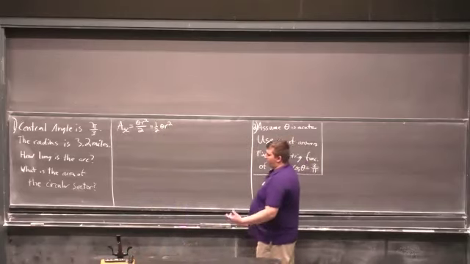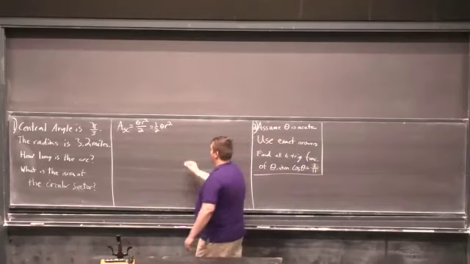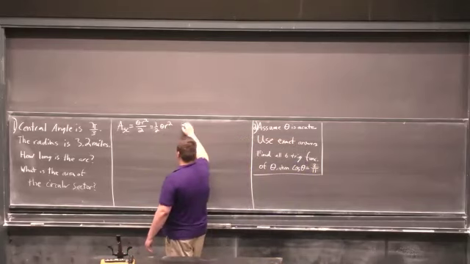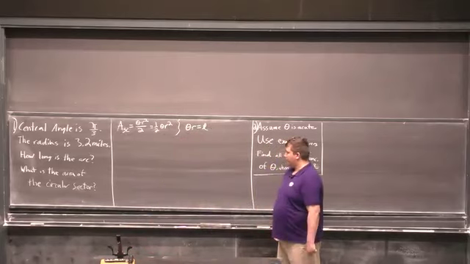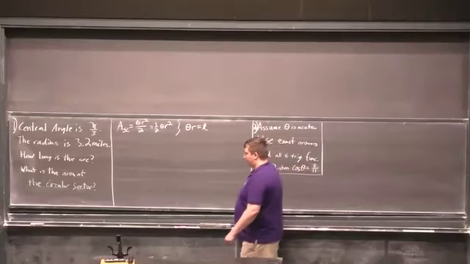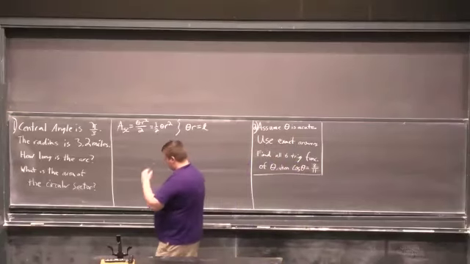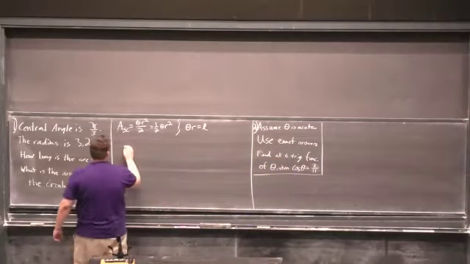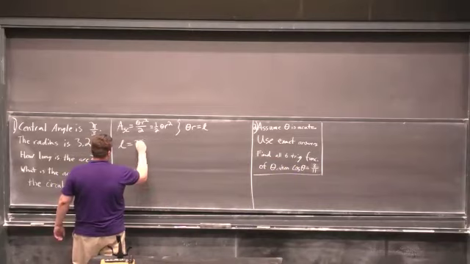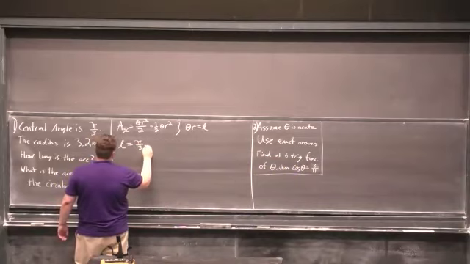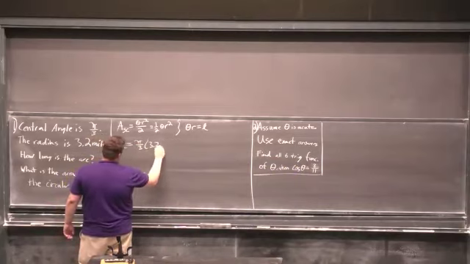Okay, well, what about for the arc? Well, that formula would be simply theta times r is equal to the arc length. Okay, so we can perform these calculations and we get L is equal to pi over 3 times 3.2.